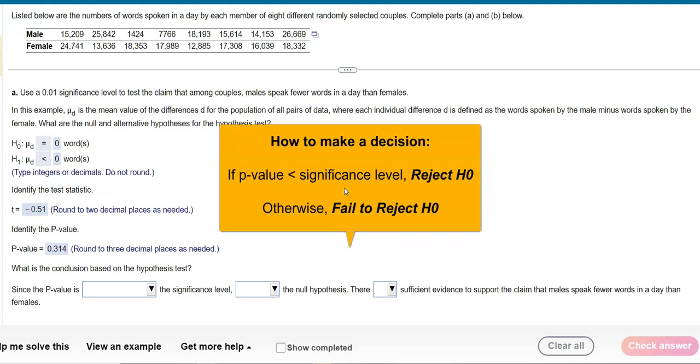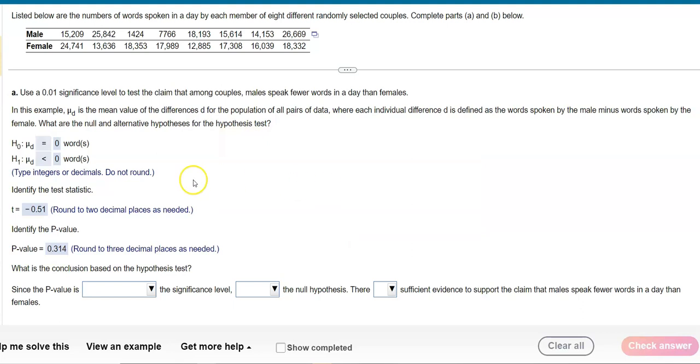If the p-value is greater than the significance level, then we will fail to reject the null hypothesis, H0. In this case, our p-value was 0.314, and our significance level was 0.01. So that p-value is definitely bigger than the significance level. So that means we are going to fail to reject the null hypothesis.